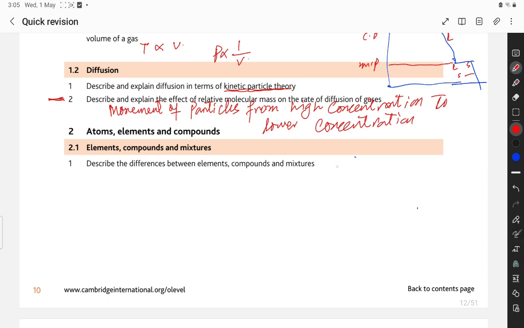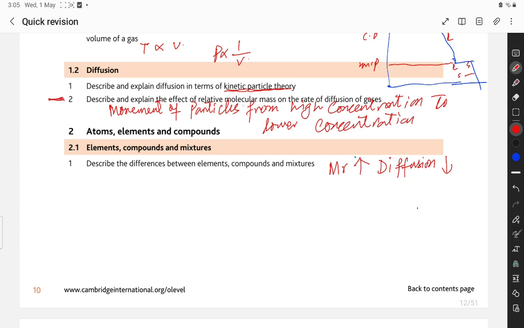So Mr, when Mr is higher, diffusion rate is lower, and write down in terms of relative molecular mass.